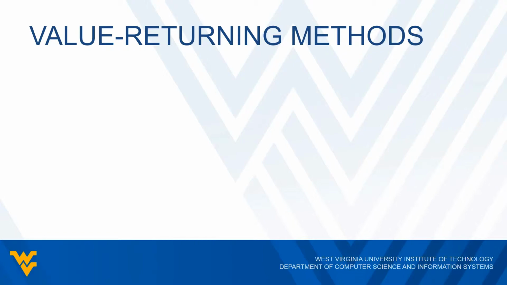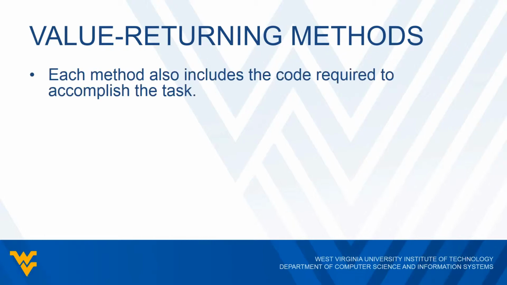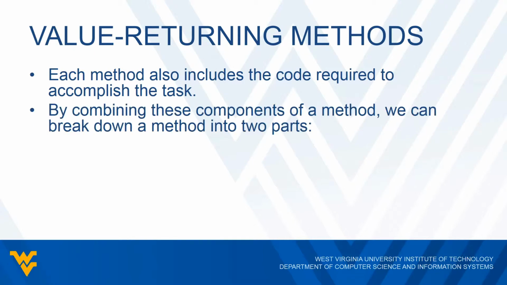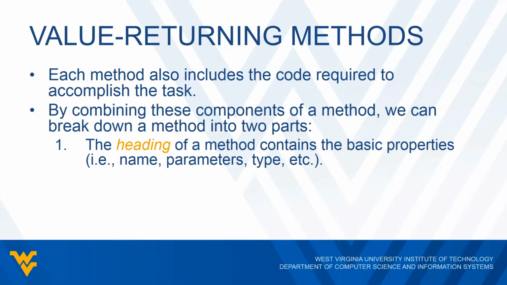Each method also includes the code that we need in order to accomplish our task. So we'll have to not only define these properties that we just talked about, but we also need to write the code in order to accomplish that task. By combining all these components of a method, we can break down a method into two parts. First, we have the heading of the method, and this contains the basic properties: the name, the parameters, the return type, and so forth.